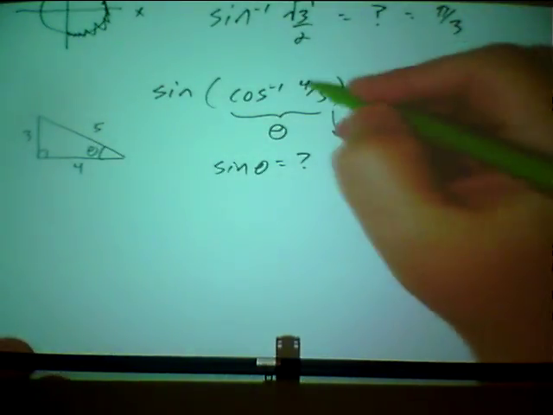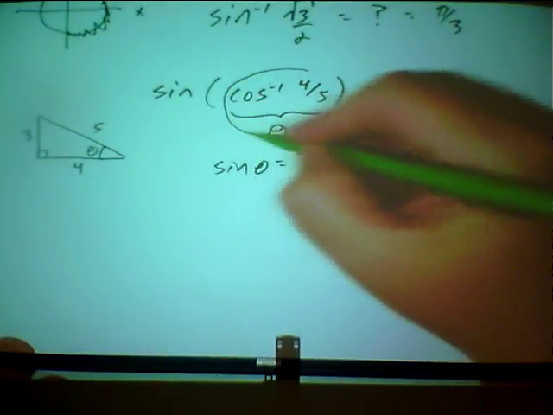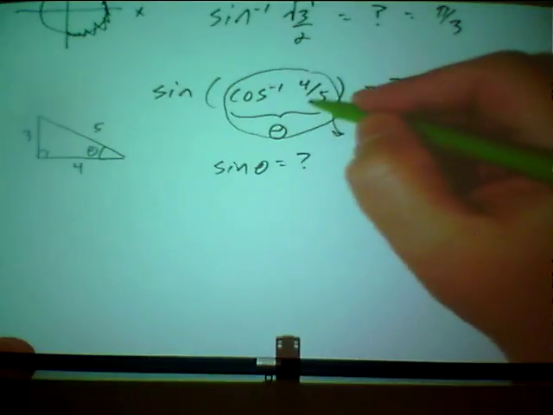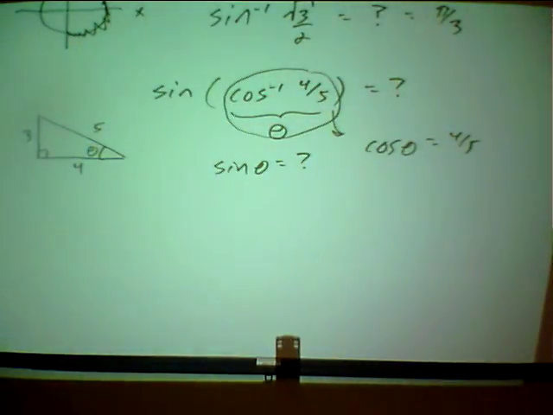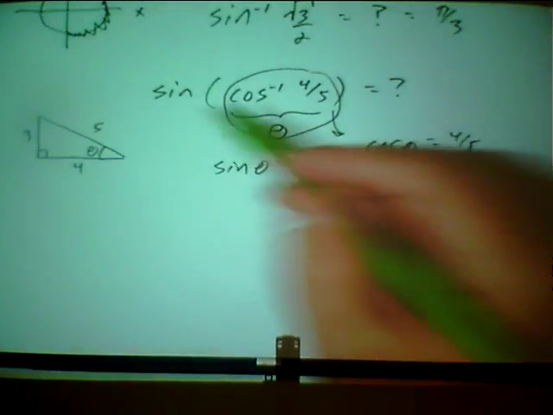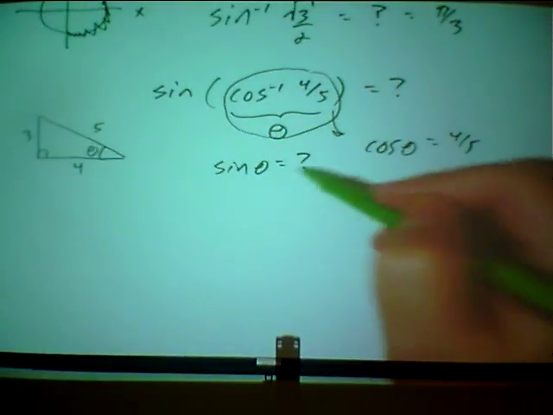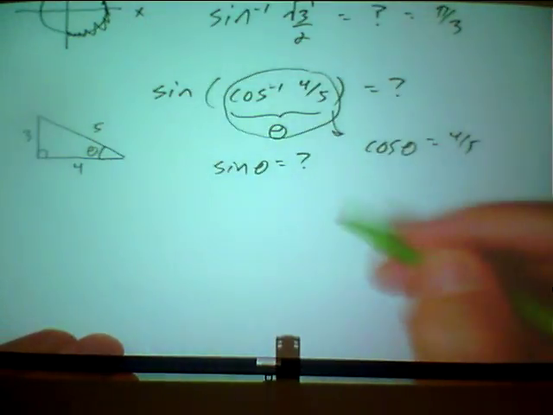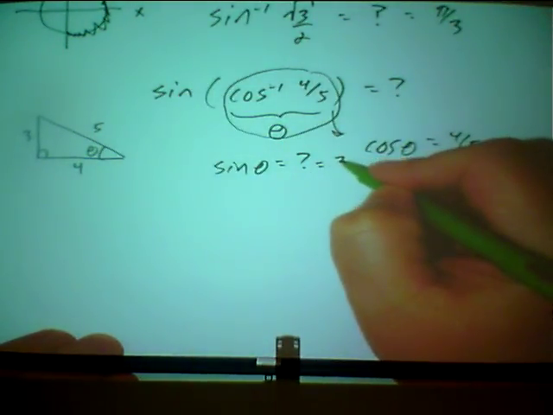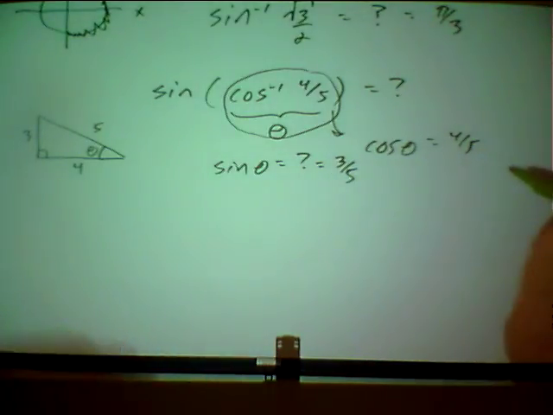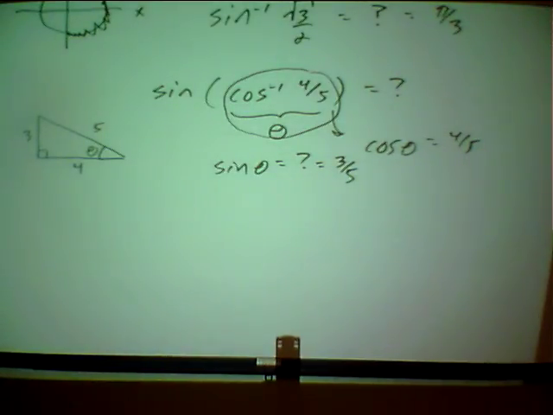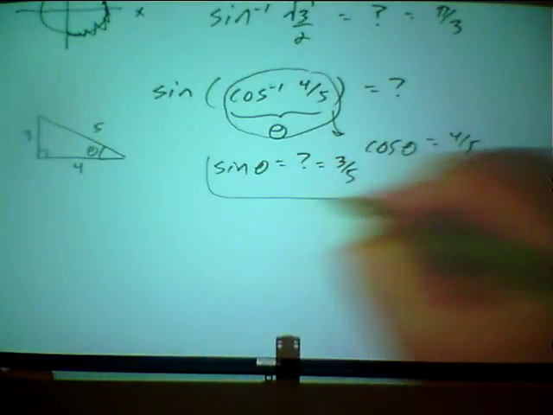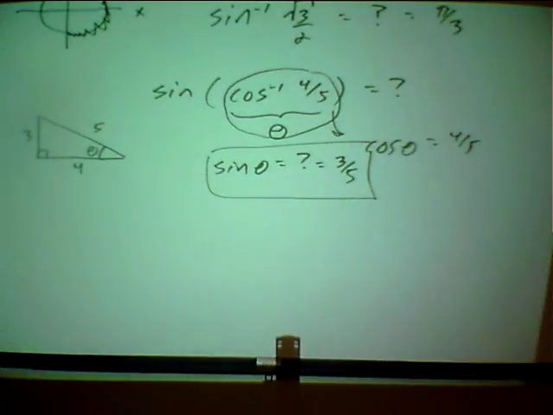It's almost like this inverse trig function allowed me to create my triangle with theta in it. So now the sine of theta is what? Sine is opposite over hypotenuse. It's 3/5. And that's the answer.